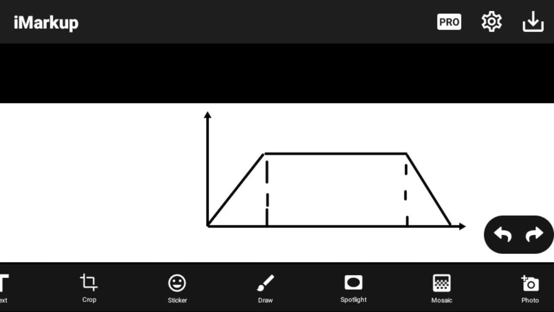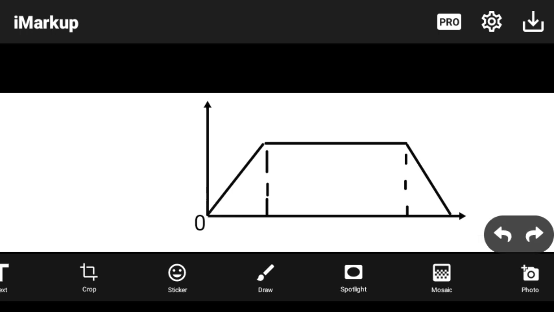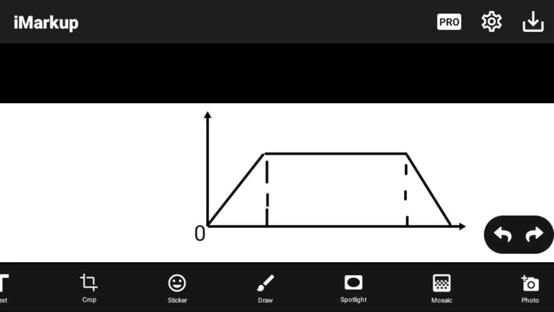Then this object started from zero, from rest, so you need to put a 0 there. It started from rest here and then it accelerated like that, and then it moved at a constant velocity like that, and then it retardated like that.